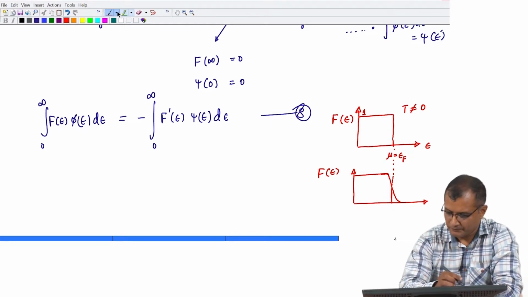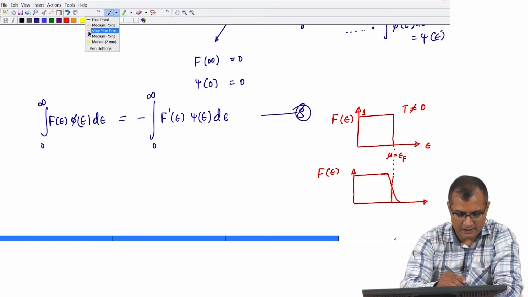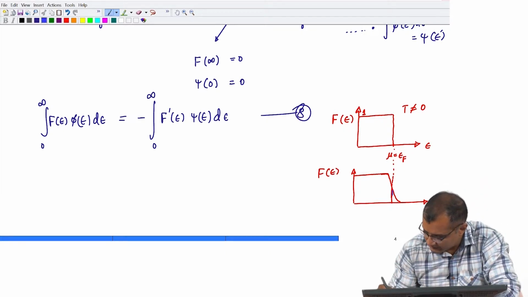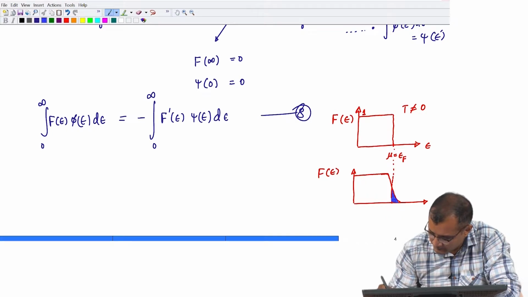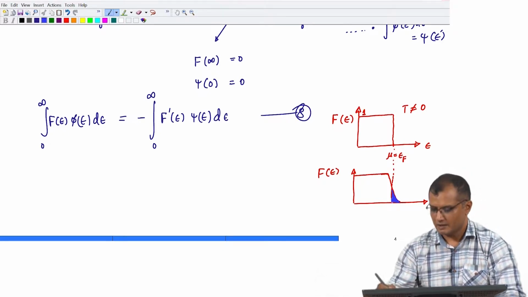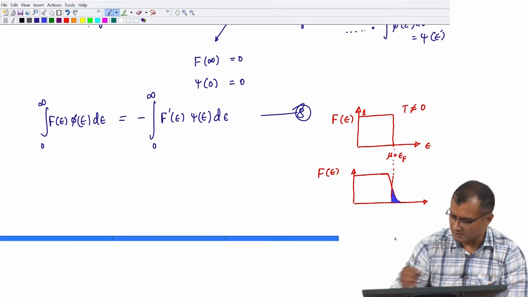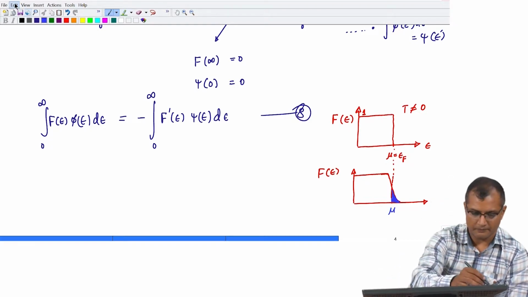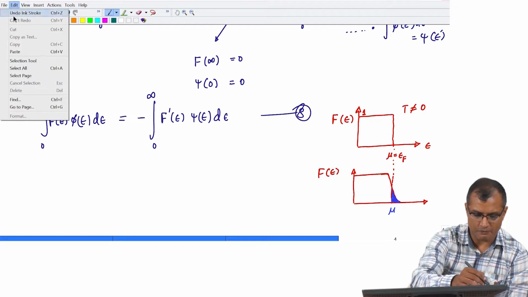So, these are precisely the particles that are excited. And this would be at some energy scale, which is mu.